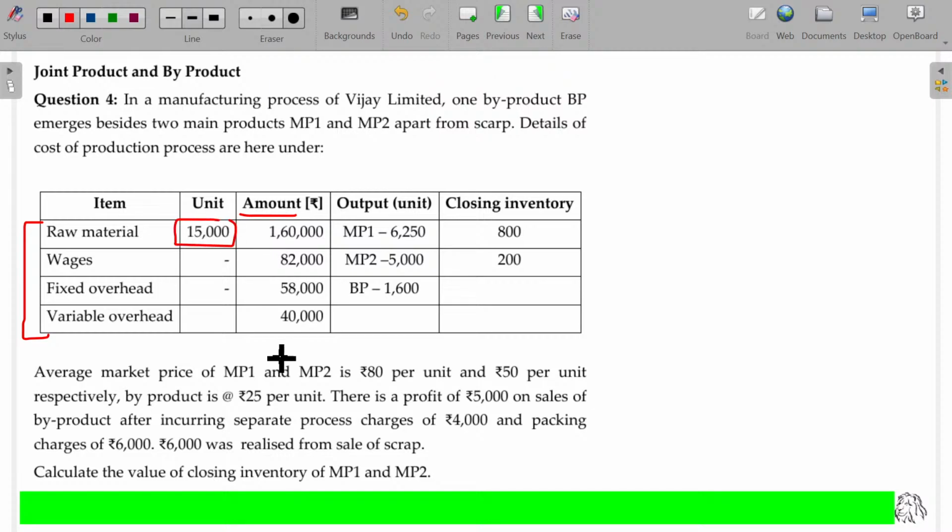Input being 15,000 units. Overall cost to spend here being how much? Is that 3 lakhs 40? This 3 lakhs 40 should be shared among the three products, one being the byproduct. Is that clear?